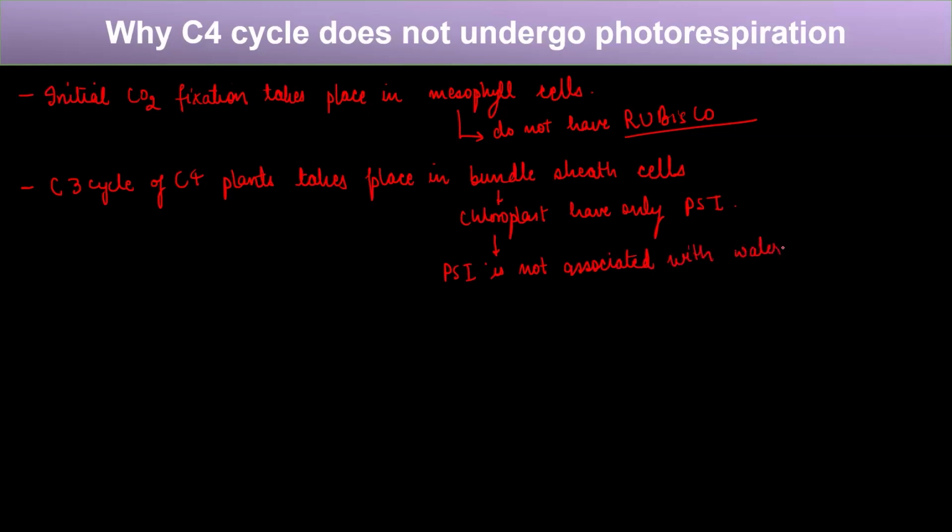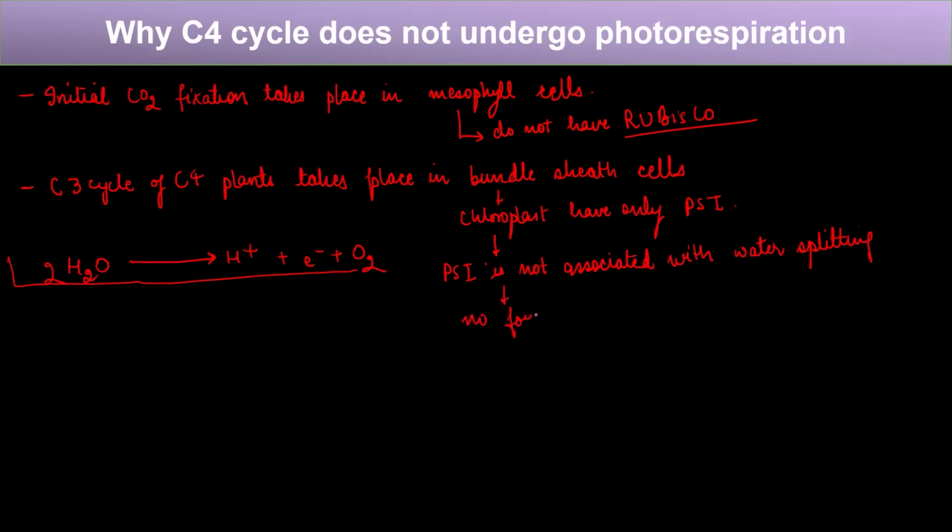And we know that oxygen evolution takes place only when the water splits, because the reaction here is that water undergoes splitting to form H plus, electrons and O2. So this reaction takes place only when water splitting takes place. If there is no water splitting, it means no formation of oxygen.